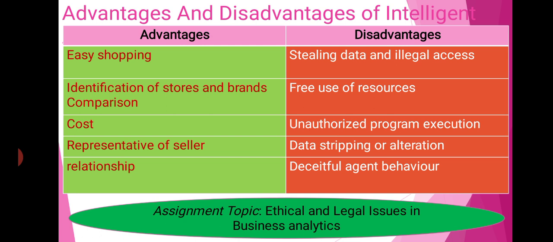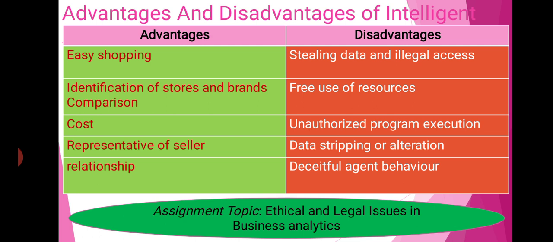Identification of stores and brand comparisons. So also now we are using Amazon or Flipkart. We identify some products, consider them, go for some comparison, and after that we will take a decision.